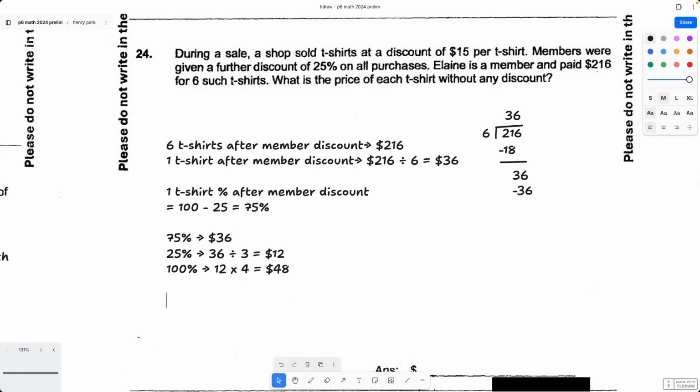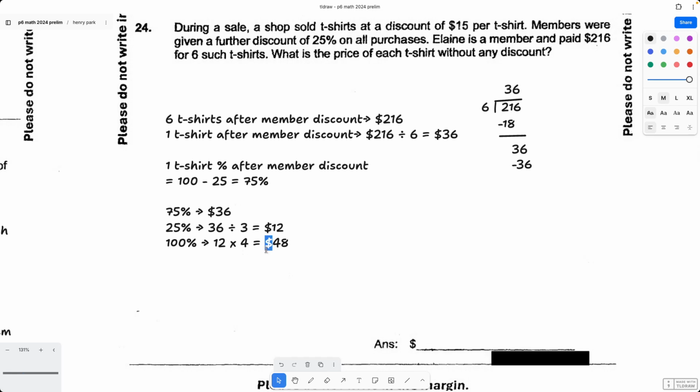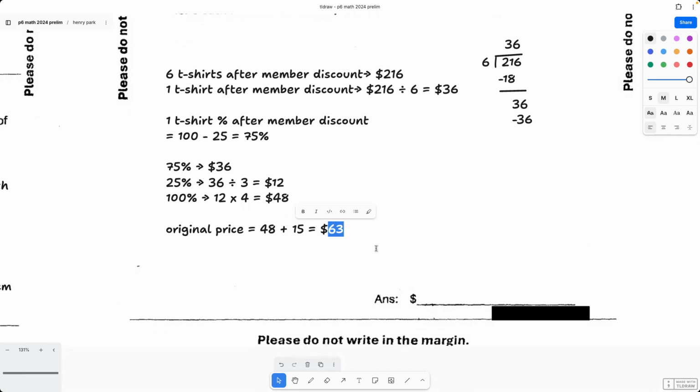So now we know that this is after member discount. So the original price, we're left with the last step, which is 48 plus 15. This will give us $63. So that's the answer, $63.